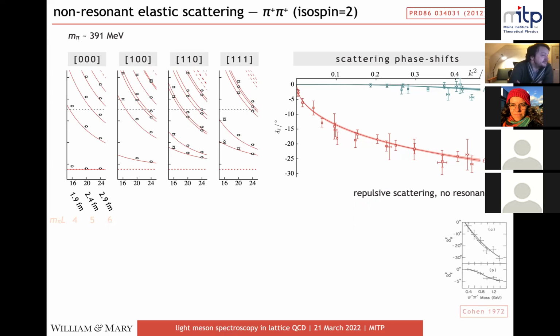And the point is, by pushing these discrete energy levels through this formula, which relates them to discrete points on the phase shift curve, you get the S wave and D wave elastic isospin 2 scattering phase shifts shown on the right-hand side. And as you would expect in this isospin 2 channel, this is a mild repulsive scattering with no resonances. But this illustrates the sort of philosophy of the approach.